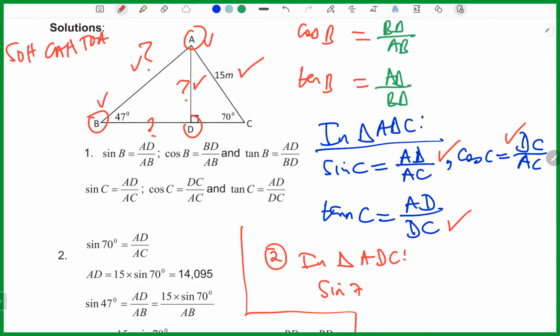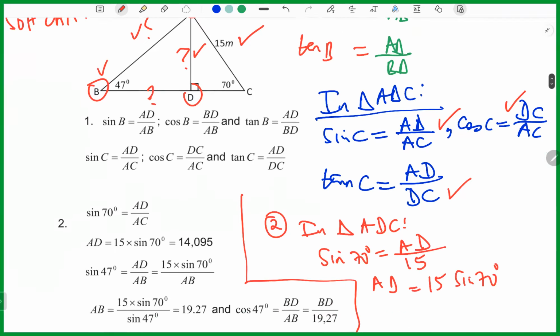So the sine of 70 degrees is the opposite, which is AD, over the hypotenuse, which is 15. In which case AD equals 15 times the sine of 70.